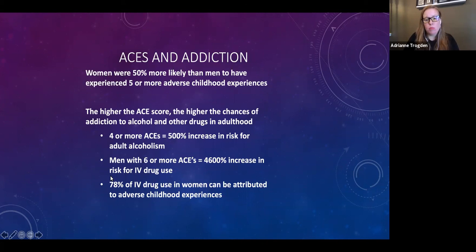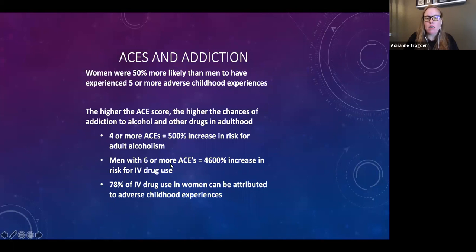Men with 6 or more ACEs are 4,600% more likely, or have that increase in risk, to be IV drug users. So that's huge. 78% of IV drug use in women can be attributed to adverse childhood experiences.